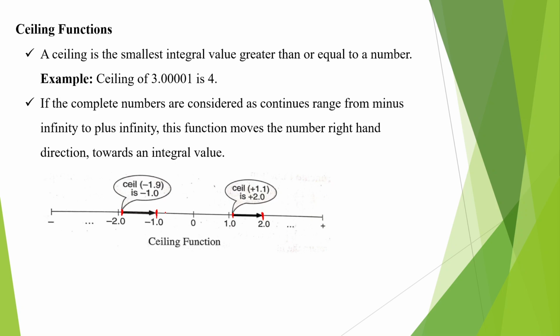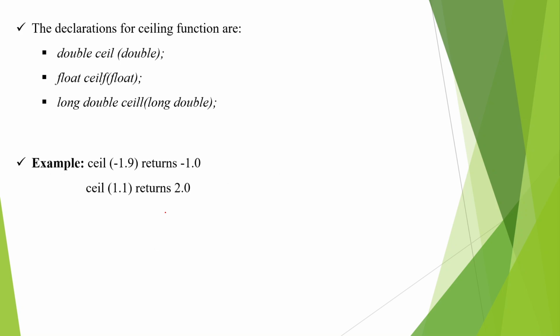Okay, so now we will see the declarations or the syntax for these functions. Ceil will always take a fractional, floating point number as input, because it has to work in terms of fractions, isn't it? Decimal points, so it will always take the input as a floating point number.